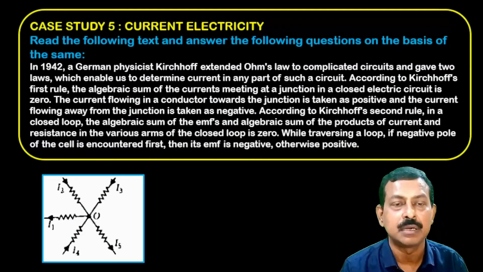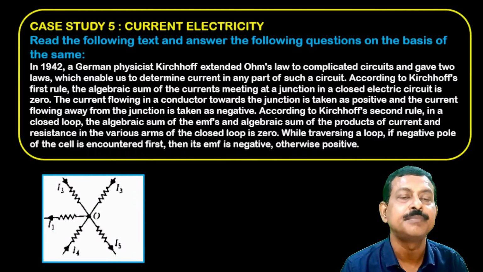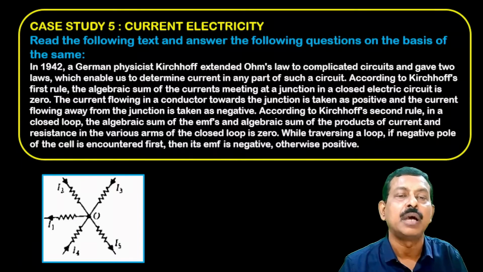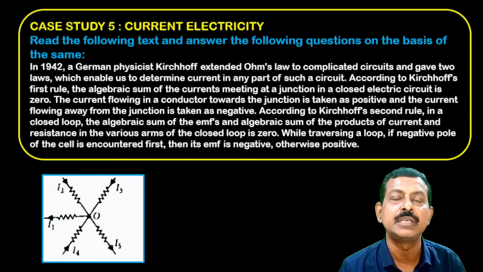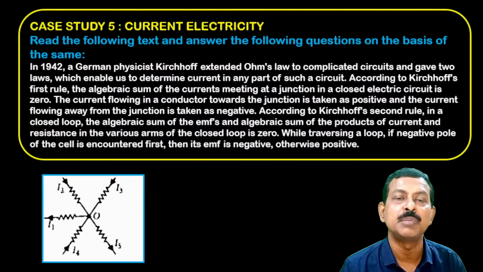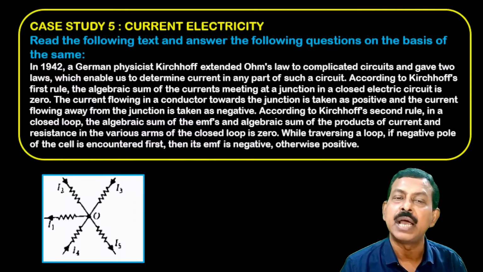Let's now take the next case study. In 1842, a German physicist Kirchhoff extended Ohm's law to complicated circuits and gave two laws which enable us to determine current in any part of such a circuit. According to Kirchhoff's first rule, the algebraic sum of the currents meeting at a junction in a closed circuit is 0.